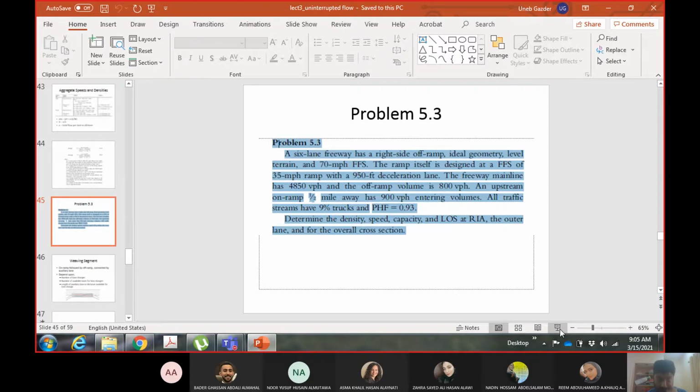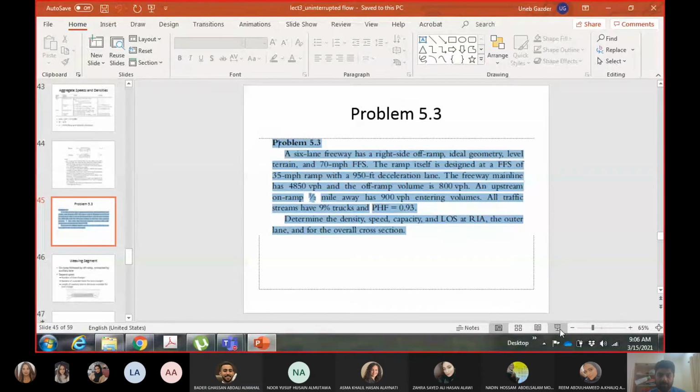So what is the ramp influence area? The distance after the merging area or in the divergent area where the influence happens.